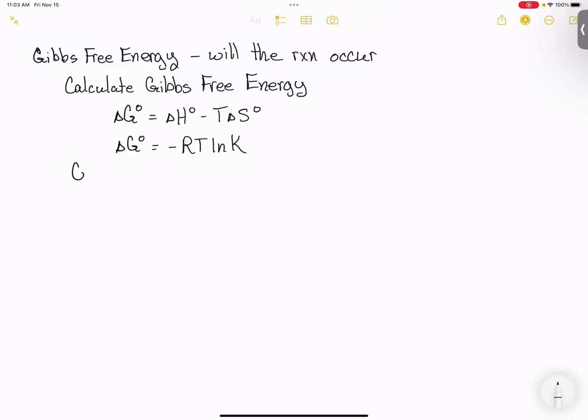Now, with respect to Gibbs free energy, if it turns out to be a negative delta G, that means that the reaction is spontaneous. When we say something is spontaneous, that means that the reaction will occur without additional external influences.